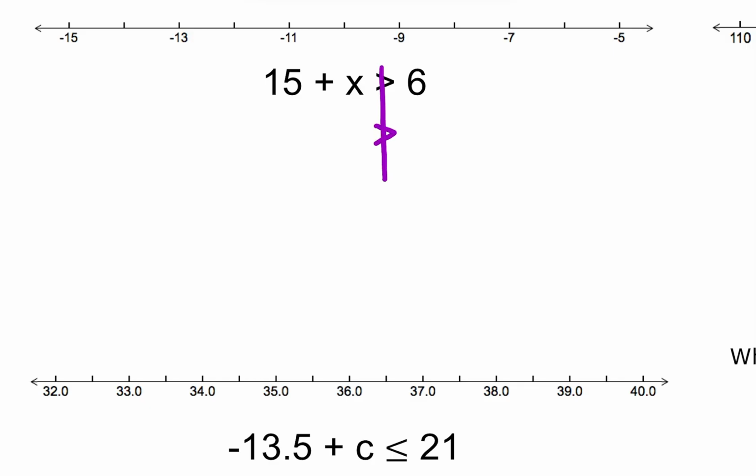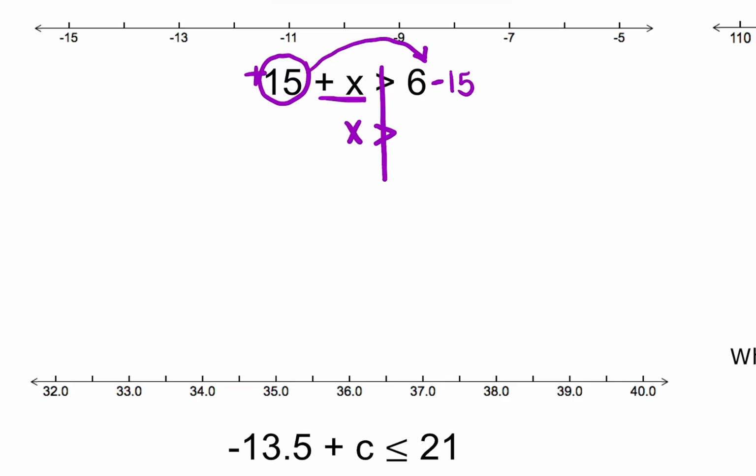So I'm going to go ahead and bring it down, and I want to get the x by itself. So I'm going to circle the 15. Remember, we cannot circle the plus sign because that plus sign goes with my x. So I am doing the opposite of a positive 15. What is the opposite of a positive 15? Negative 15, or minus, same thing.